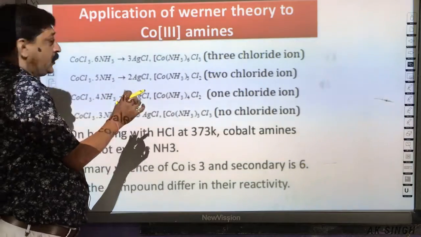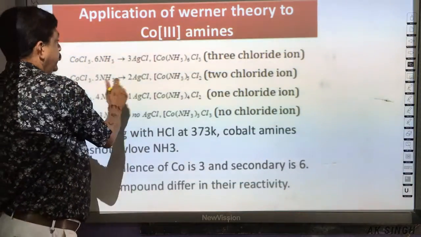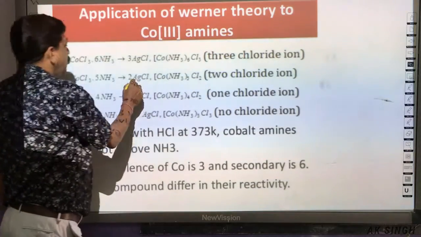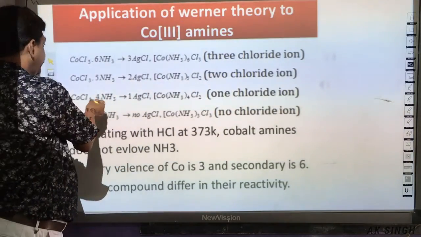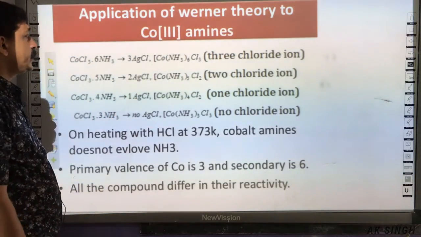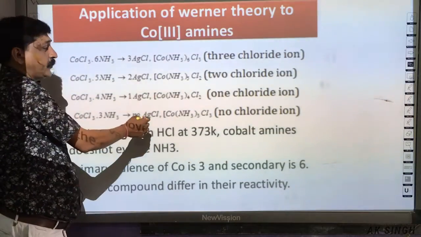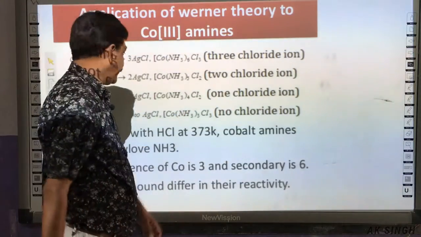In another case, when the number of moles of silver nitrate is varied, we get 2 AgCl, 2 chloride ions. In the same way, we get 1 AgCl, 1 chloride ion. In the last case, we do not get any chloride ion.